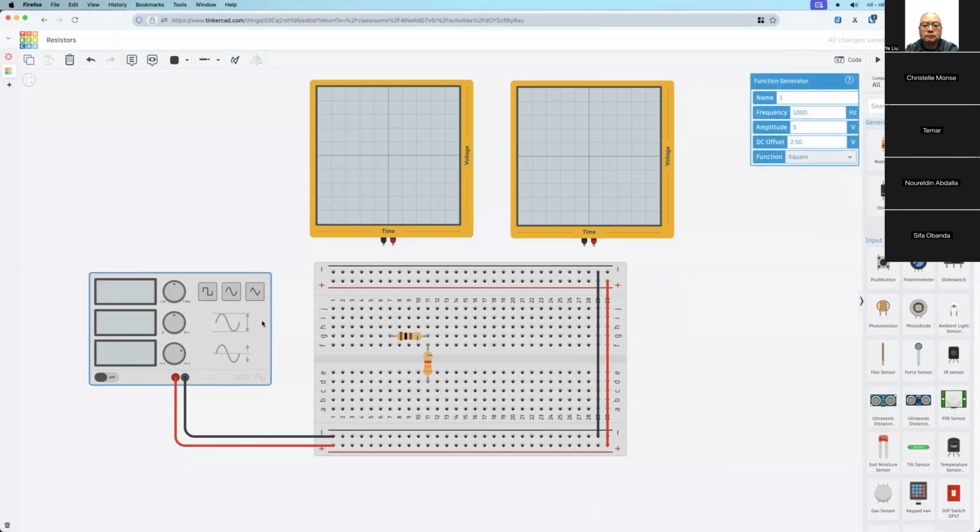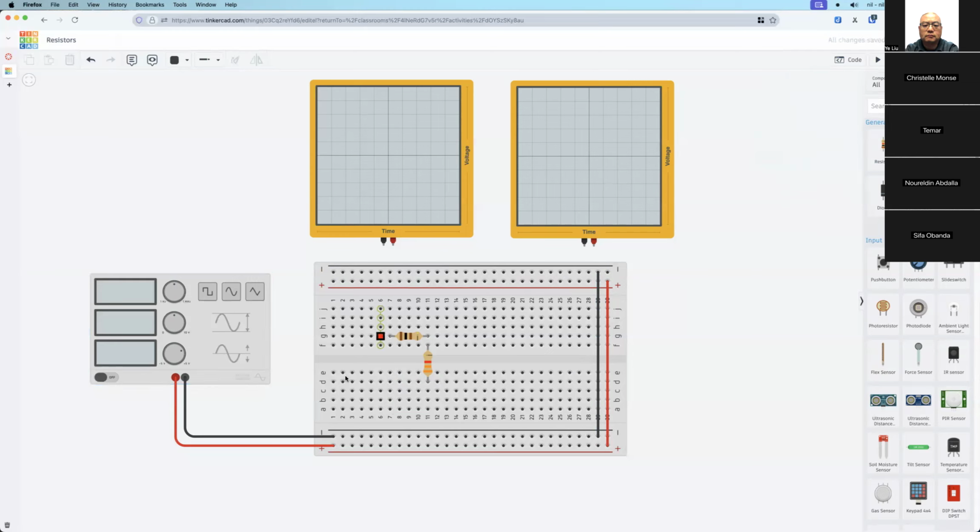First, for the function generator, frequency is 500. Amplitude we don't know, but offset should be 0. Let me maybe try 1 first. Then sine wave. Then connection: connect to the power, this is positive.